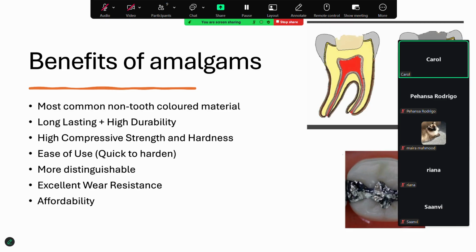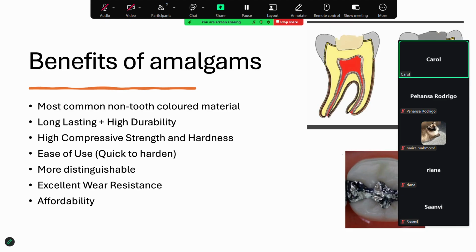It's more peach and yellow, which would be harder for dentists to identify compared to the second one, which is silver and has a different color to your tooth. This makes it easier for dentists to monitor any wear or defects on your teeth and surrounding teeth that are around the amalgam.